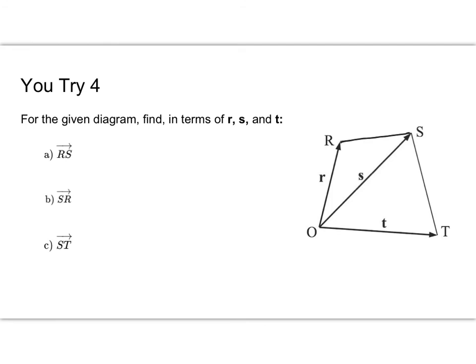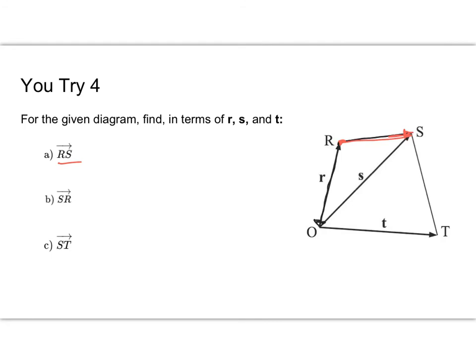All right, let's check this out. For vector rs, that means I have to start here and end here. For that to be in terms of the other smaller vectors, my starting point for my other vectors has to be where I start r to s.